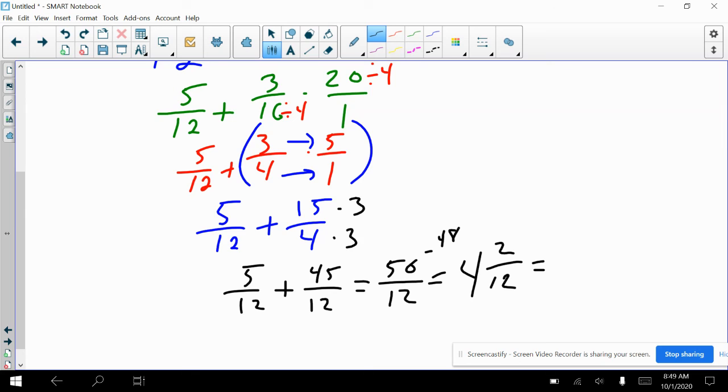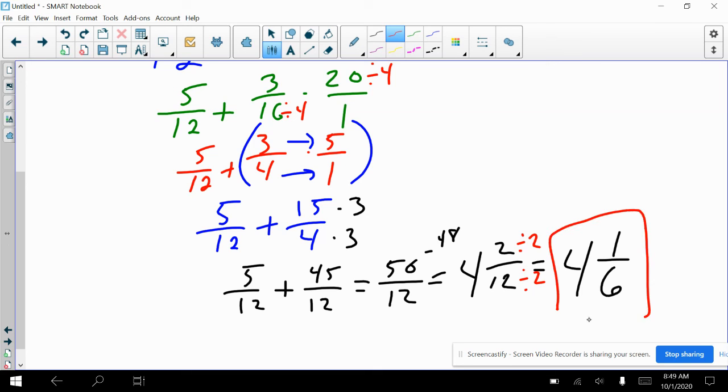Once again, this is a common mistake. After all of that work, because that's a lot, you're going to forget to look at your fraction and go, I can reduce that lower. And we arrive at 4 1/6. Why? Because we can divide by 2. They have a common number. So our final answer there is 4 1/6.